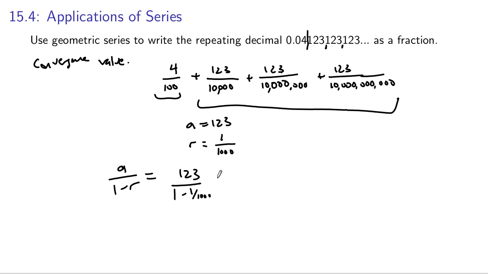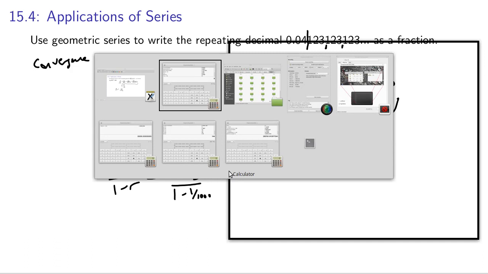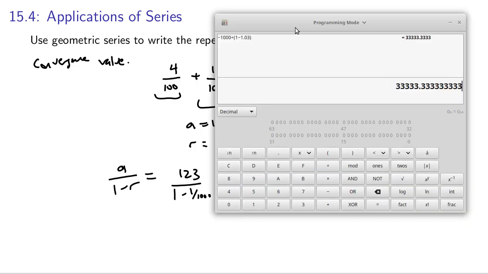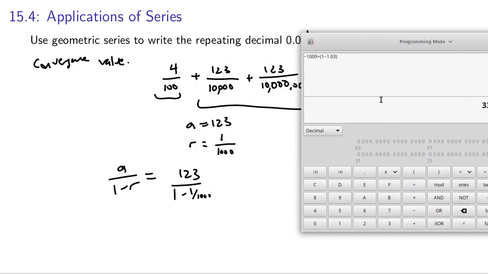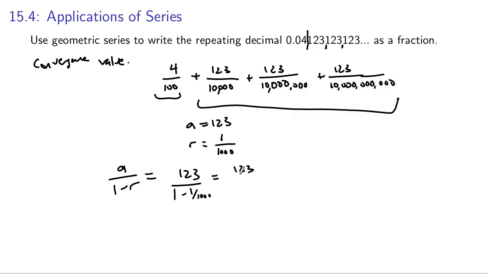So 1 minus 1 over 1,000, if we think about that for a second, you would have 1,000 over 1,000 minus 1, which would be 999 over 1,000. So in the denominator, you'd have 999 over 1,000, and 123 over that.